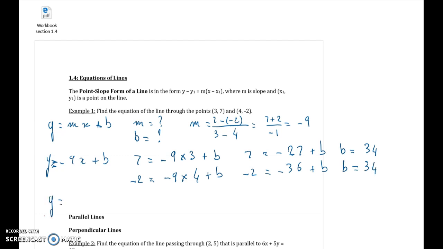So the equation of my line is y equals negative 9x plus 34. As you can see, I didn't use the formula above. I'm just using the fact that when 2 points are on the line, they check the equation y equals mx plus b.